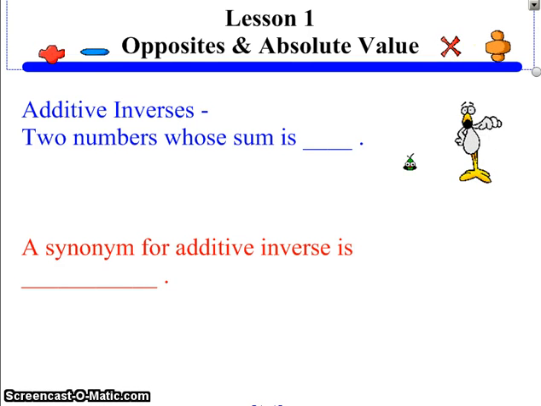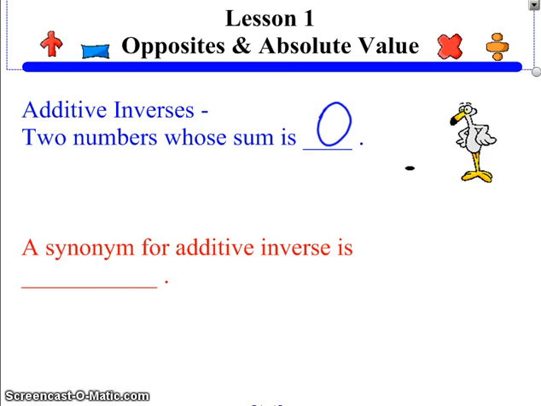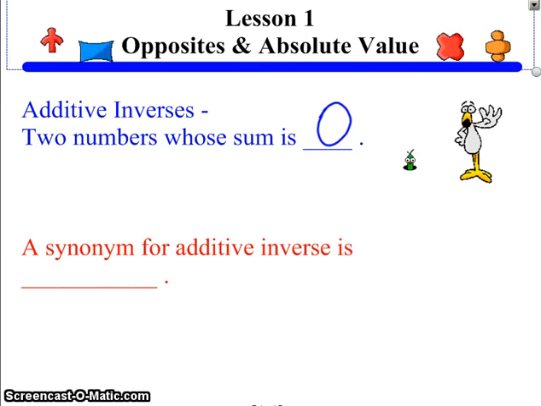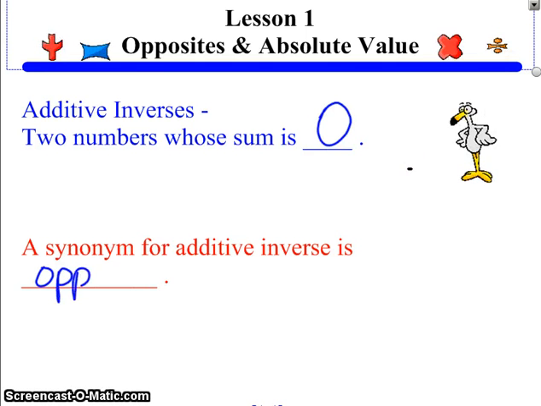Two numbers whose sum is, well, if you think of opposite, you're also always going to get an answer of 0 when you add additive inverses together. And therefore, we can also right away go ahead and fill in the next sentence. A synonym for additive inverse is what we just said, opposite.